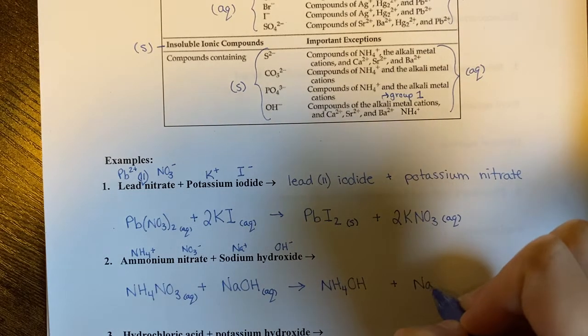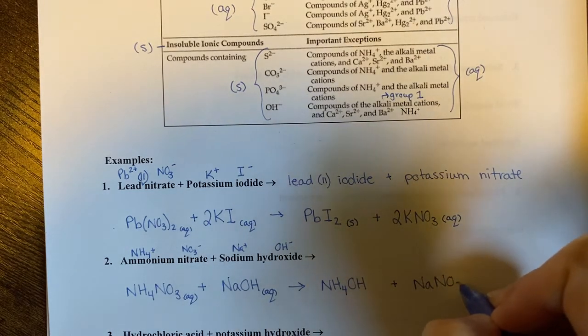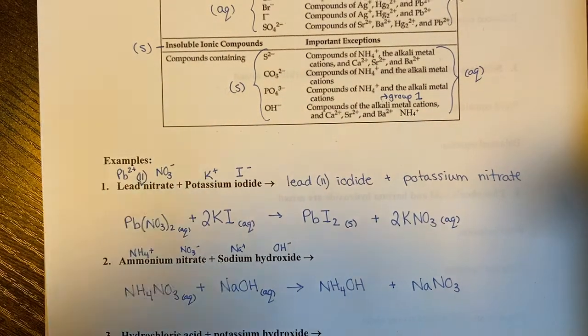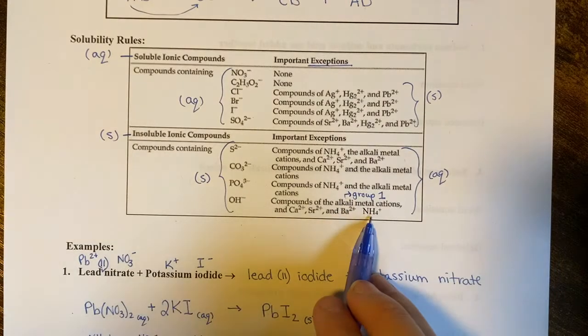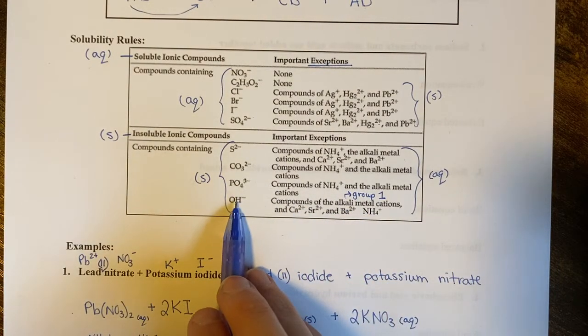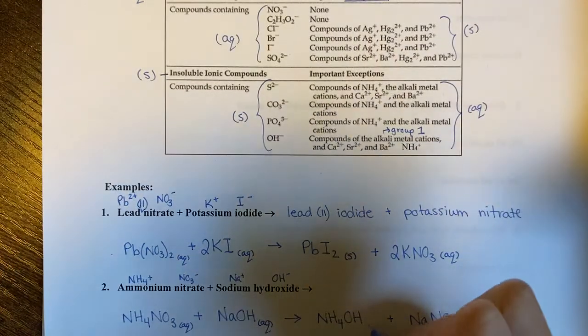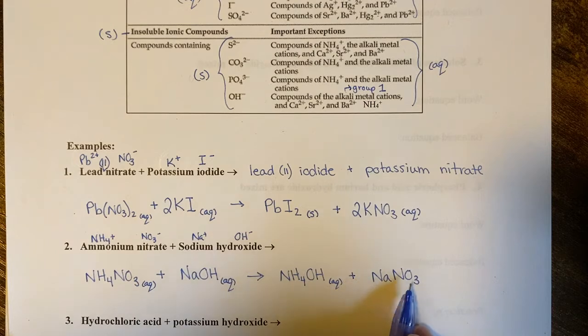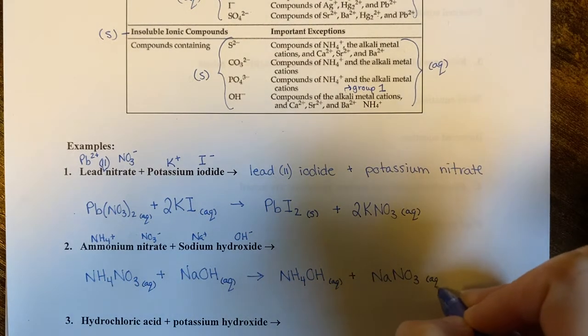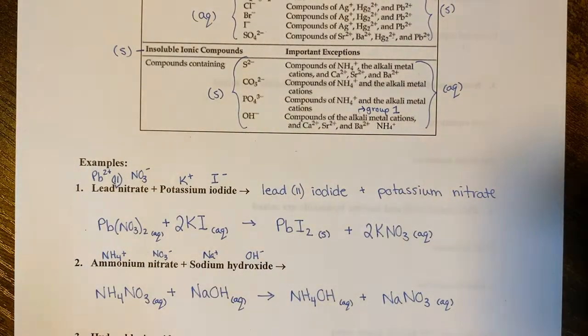And then NaNO3, so sodium nitrate. Ammonium hydroxide. Ammonium is one of the exceptions to the solid hydroxide rule, which means it's going to be aqueous. And as we've said a few times already, the nitrates are always aqueous and there are no exceptions, which means that this is also going to be aqueous.